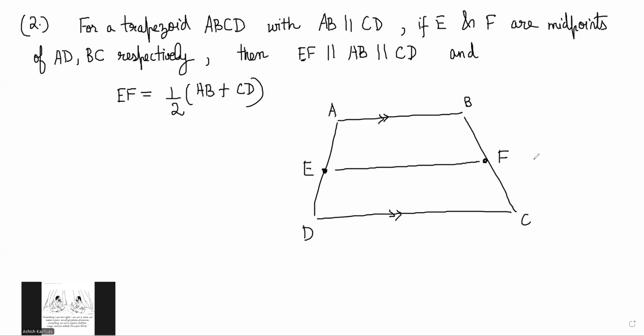The other two sides are not parallel. And you can prove that if you connect the midline E and F, where E is the midpoint of AD and F is the midpoint of BC, then EF length will be equal to half of AB plus CD. And obviously the line EF will be parallel to both AB and CD. Now try to do the proof of this.